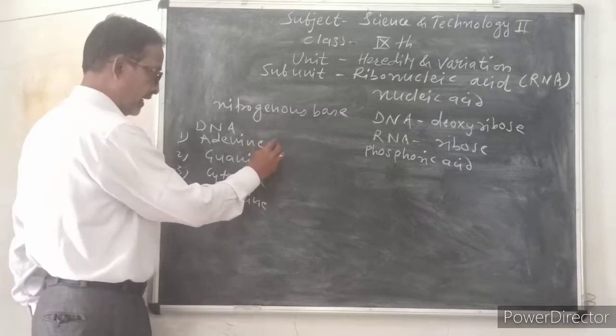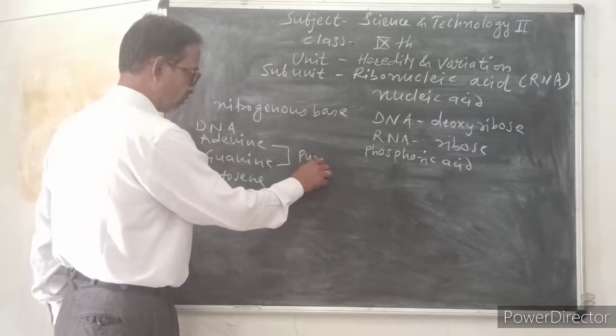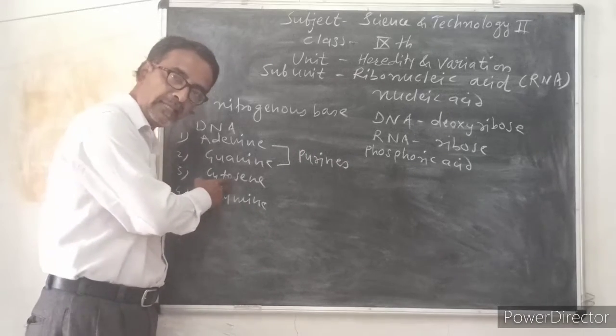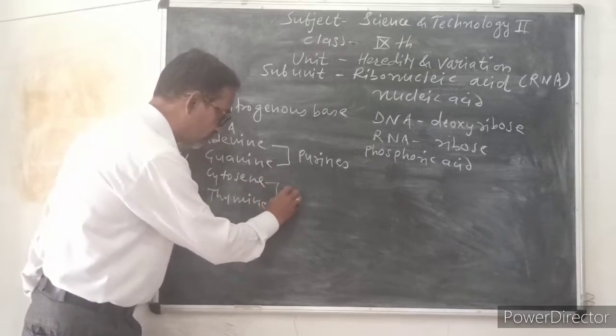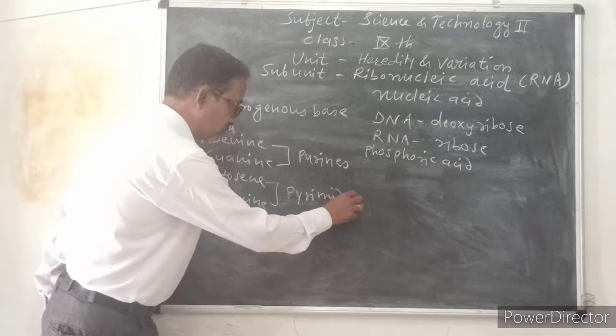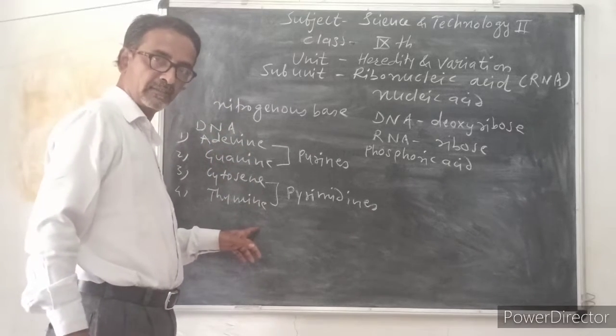We have seen yesterday that adenine and guanine are called purines. Then cytosine and thymine are called pyrimidines. So these are four nitrogenous bases.